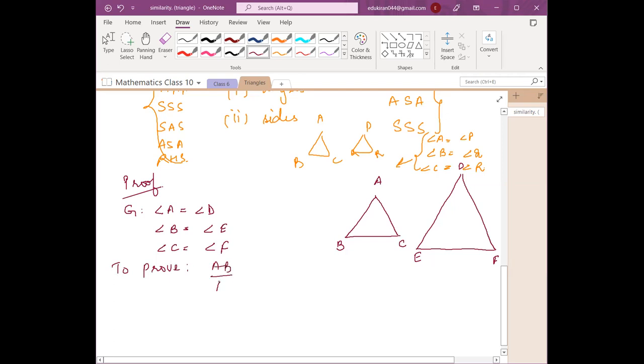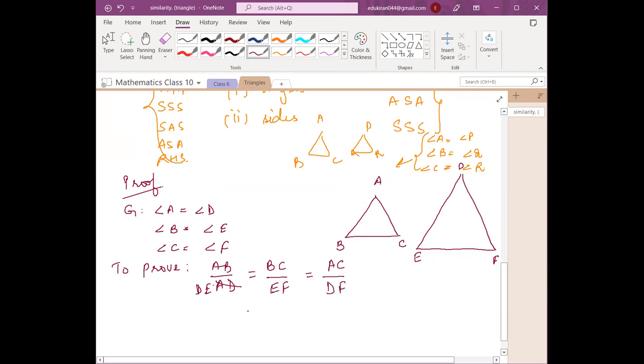So AB upon DE, it should be, not AD. This should be equal to BC upon EF, and it should be equal to AC upon DF. This you have to show.